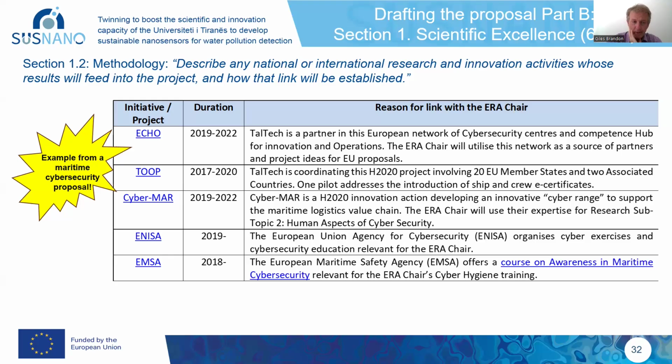University in Estonia. When I came to work on this proposal, what became abundantly clear was they had many recently passed or currently running projects in related fields in cybersecurity and maritime. To illustrate this and how this could be beneficial for the ERA chair, we created a simple table like this.